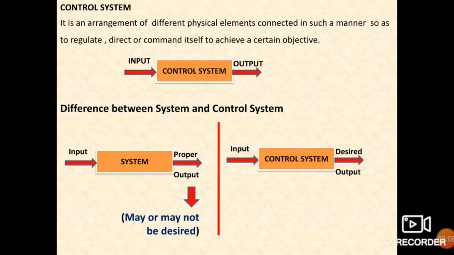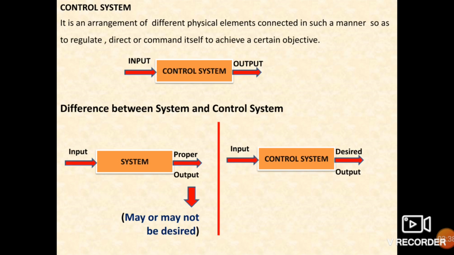We can say a control system is an arrangement of different physical elements in a manner to regulate, to direct or command itself to achieve a certain objective. Okay. So what do you mean by control system? In a control system, we'll have an arrangement of different physical elements. For example, I am taking an electric heater.